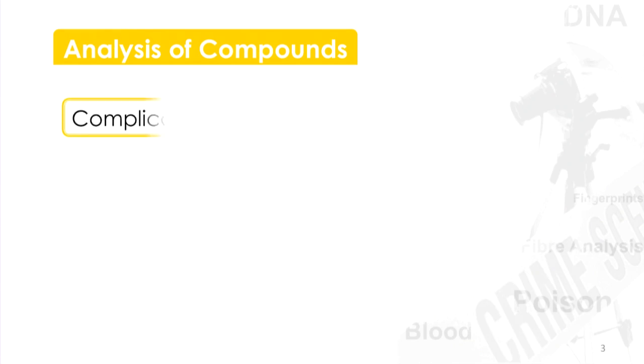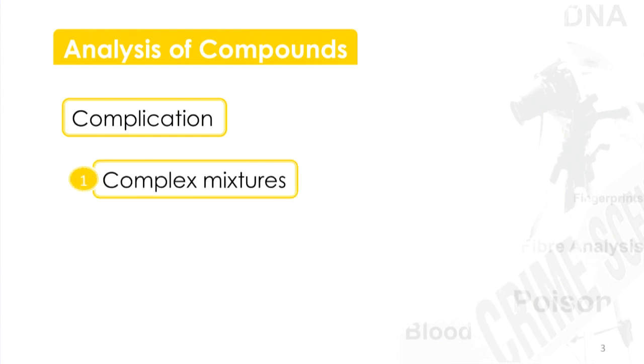A complication in the analysis of compounds, which we did not encounter in the analysis of elements, is the fact that the samples that are being given for analysis are actually very complex mixtures. If you think, for instance, of a blood sample or a urine sample, there are a huge number of different compounds within that sample, and most of them are quite innocuous.